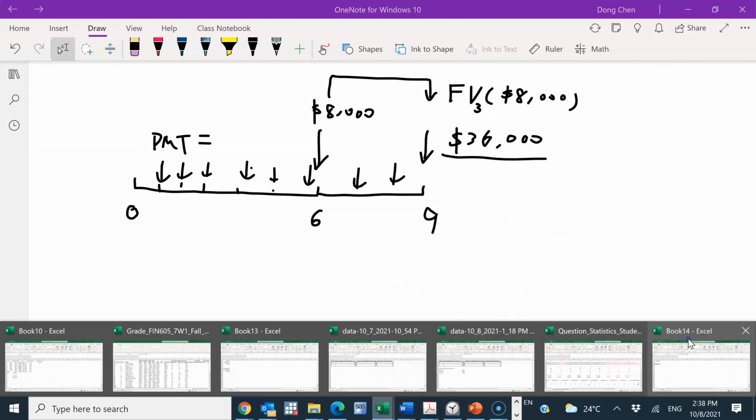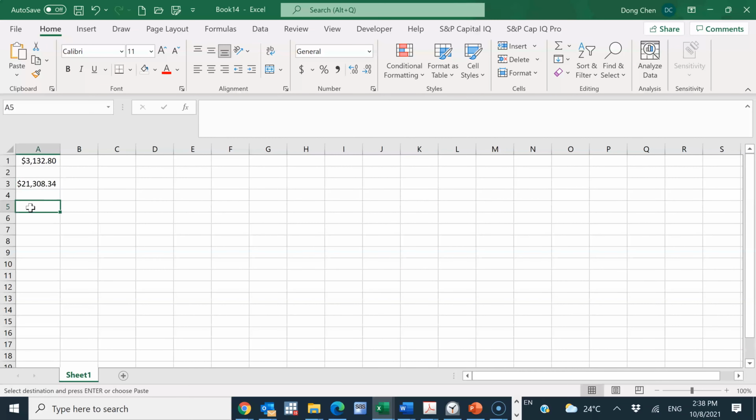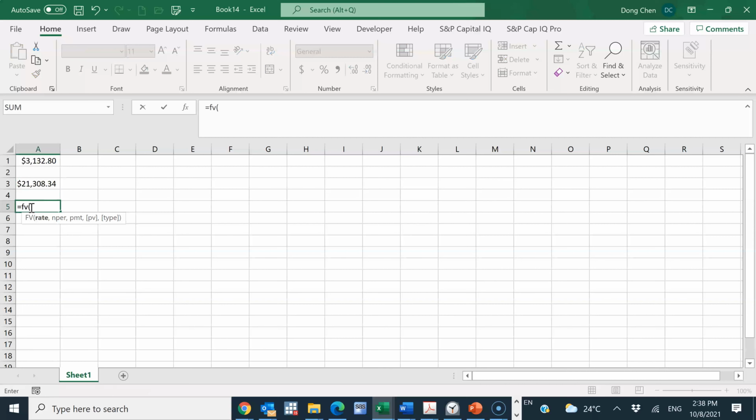So the first step is to calculate the future value of that $8,000, right? Future value equals FV, and the rate again is 6%. And the NPER, that's 3 years, right? And because we only have $8,000, there's no annuity payment here, so payment here is 0.